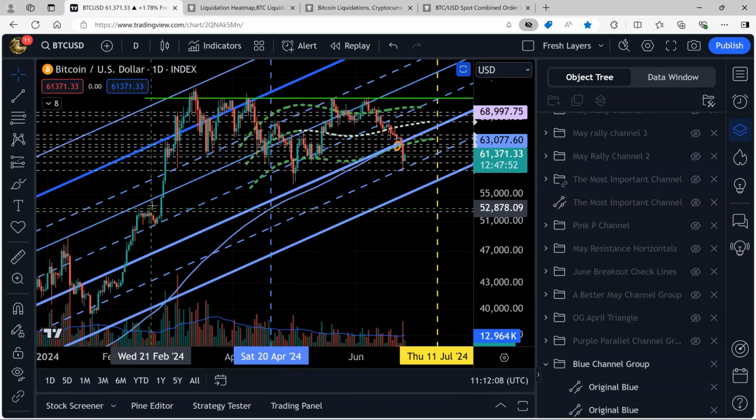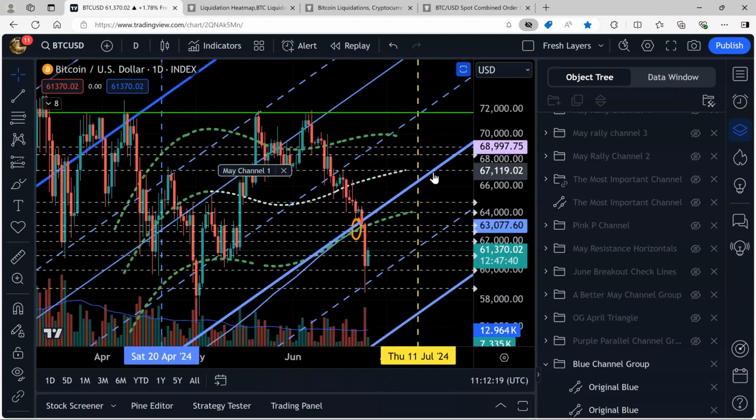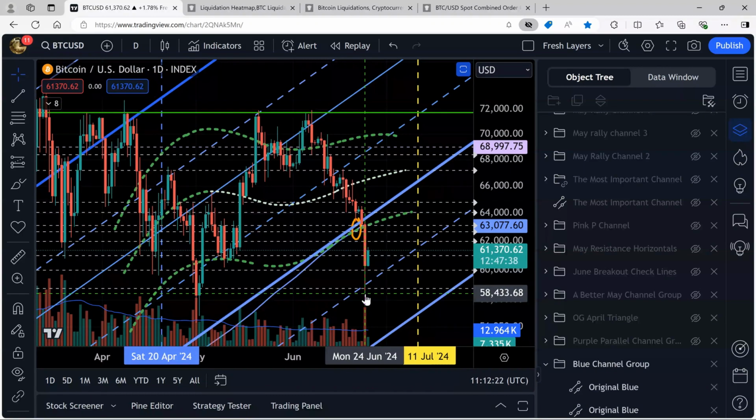And traveled here. You can see the interaction with these channels. And what we did do is come down to the center line here. Now it looks like we wicked through it, but when I look on a smaller time frame, you can see exactly what happened.